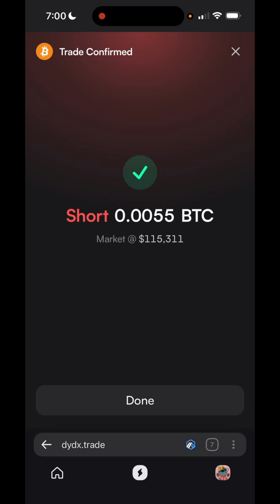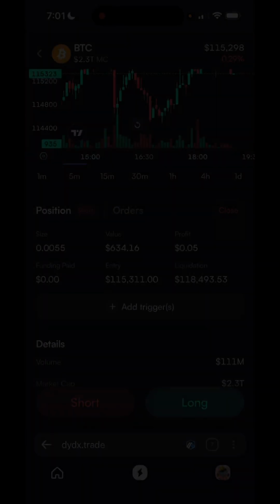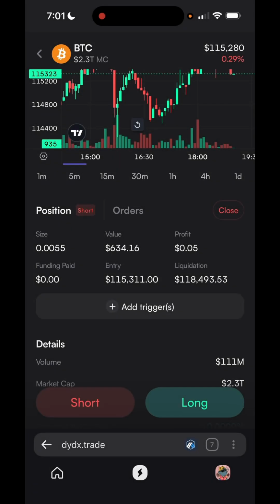Your normal $25 can't open such a position, but because this is a perpetual market, you're buying with added money. That is why you need leverage. Leverage is very important. So this is our entry, $115,311. So now, this is the size, the value, the entry, and our liquidation.